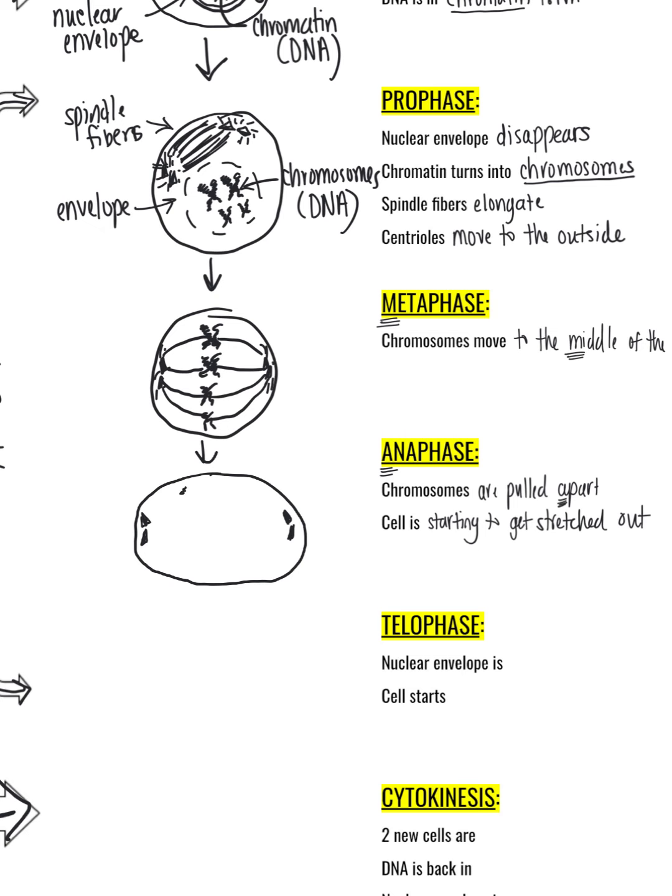So again, the chromosomes, that X shape, they get ripped in half. They get pulled apart. So just do your best on the drawing. Just show them that those X's, those chromosomes, are actually apart now. And the spindles are what's going to be pulling those chromosomes apart, those little string-like structures.